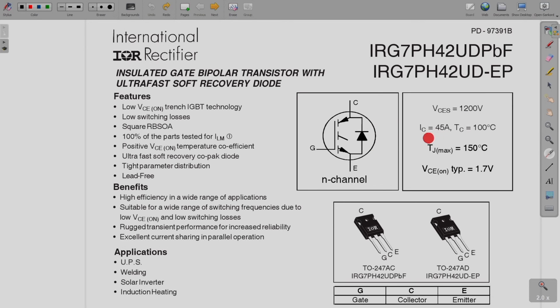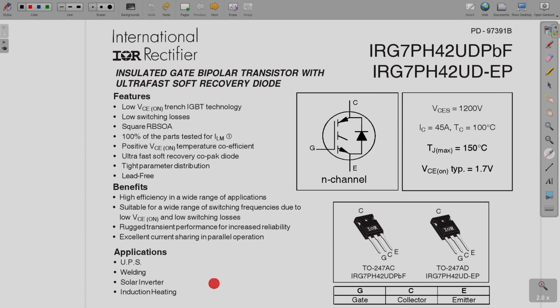The IC continuous collector current rating is 45 amperes at 100 degree C. Maximum junction temperature is 150 degree C, and typically the on state voltage drop between collector and emitter is 1.7 volt. And these are the key features of the IGBT that the manufacturer has given.